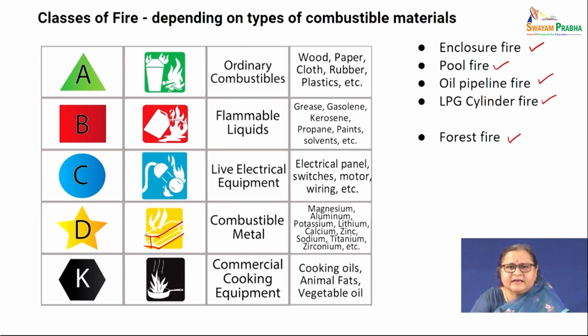So, we will mostly find our fires to be ordinary combustible, live electrical equipment and cooking fire. Yes, we also have combustible metals, where building structures made of exposed steel can get into this D class of fire.